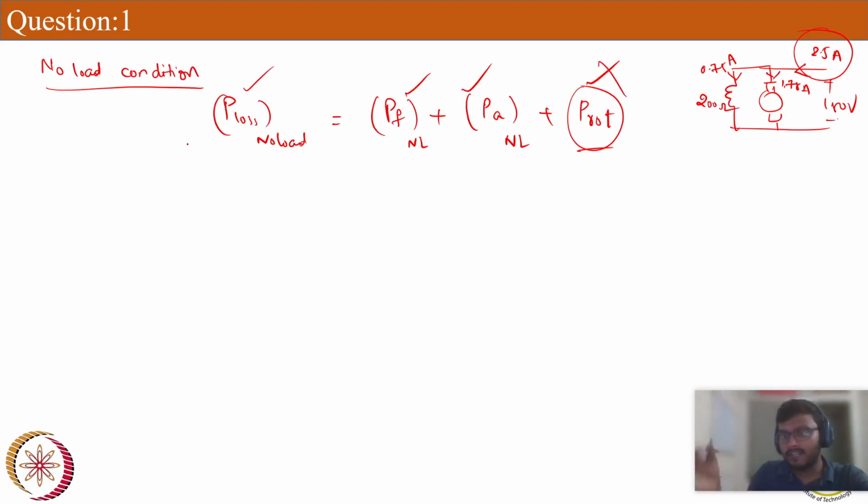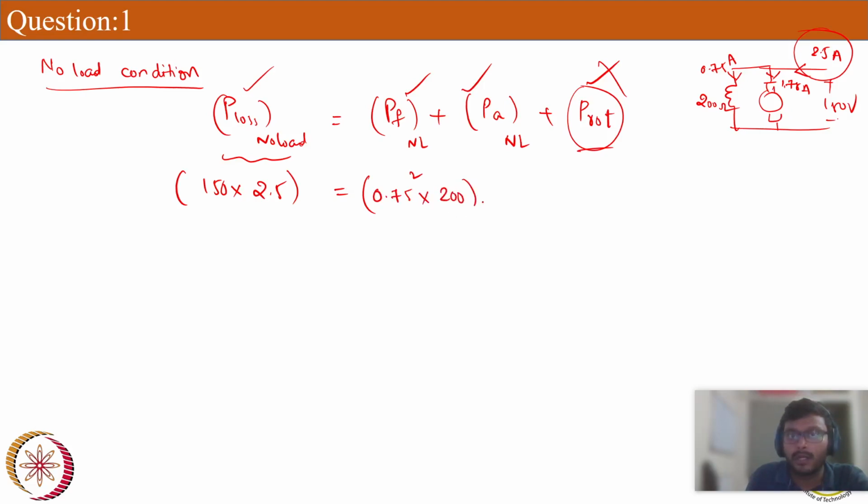Now with this information, we can easily calculate the rotational losses. How? See, what is the total no load loss? We can see at the input side, 150 into 2.5, is equal to the power loss in field, I square R or V square by R, I will do 0.75 square multiplied by field resistance 200.